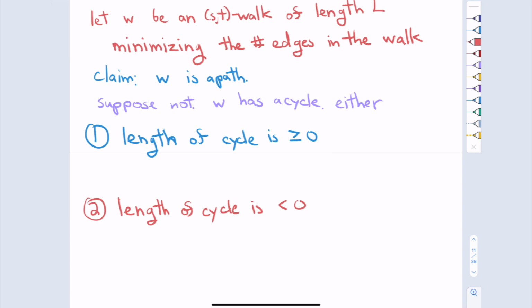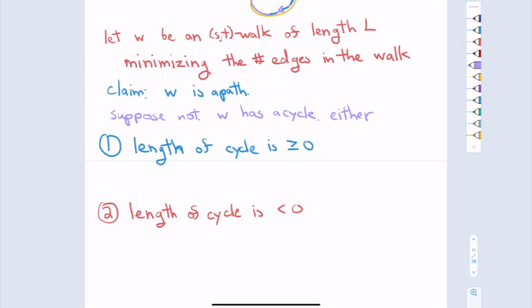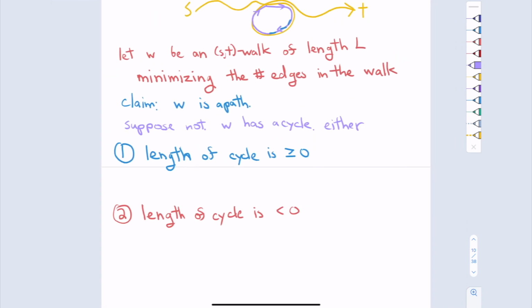Here I asked the class in each case how to finish the argument, and the audience did supply the right answer. So first, what happens if the length of that cycle is greater than or equal to 0?